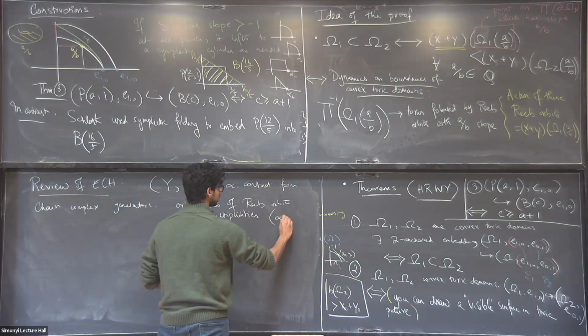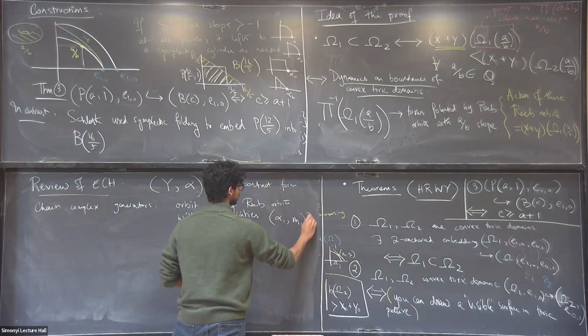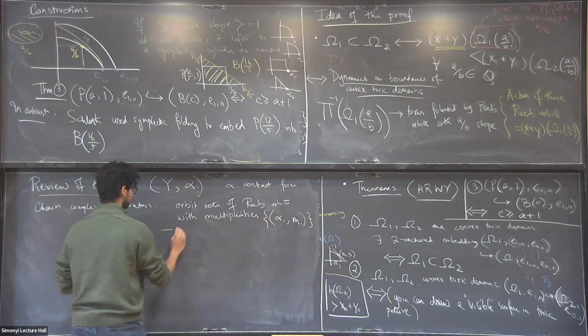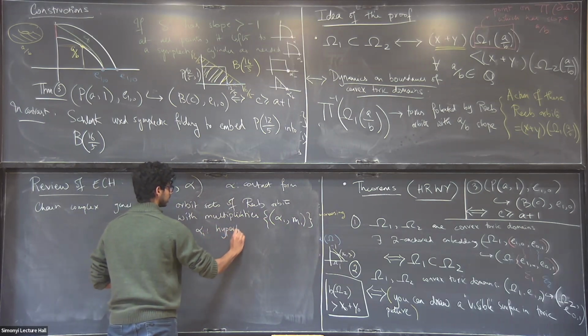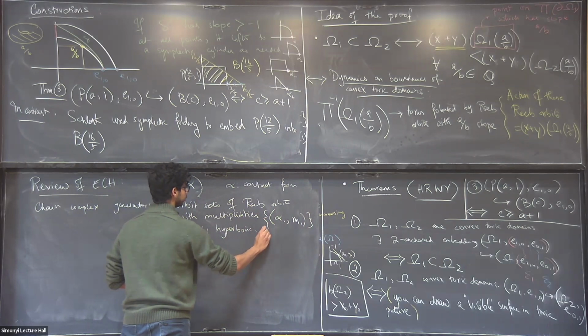If alpha i is hyperbolic, the multiplicity has to be 1.